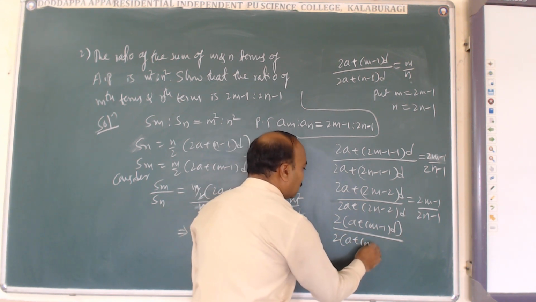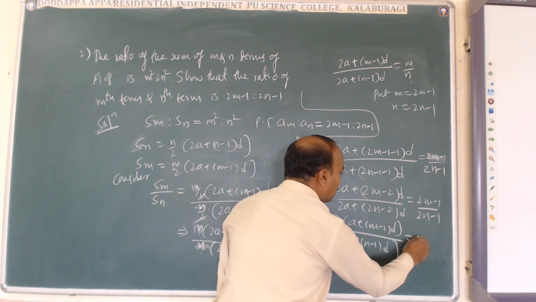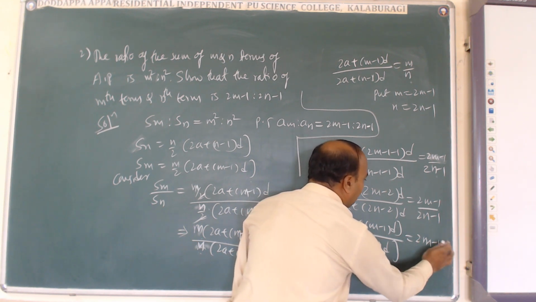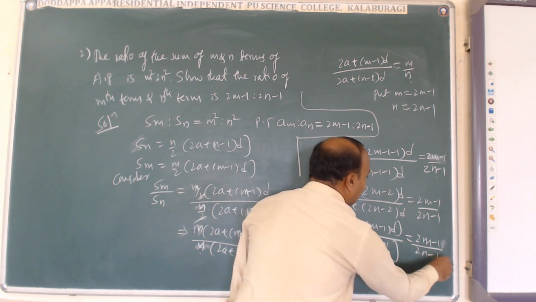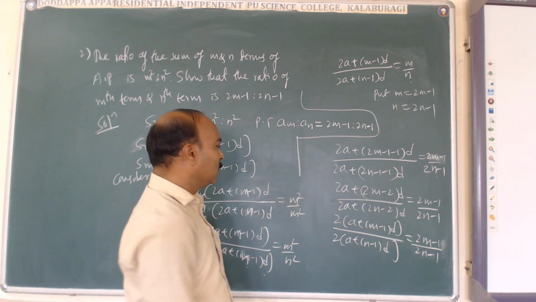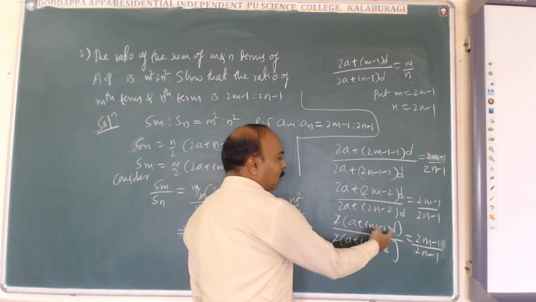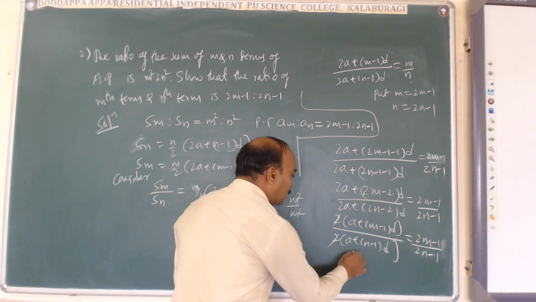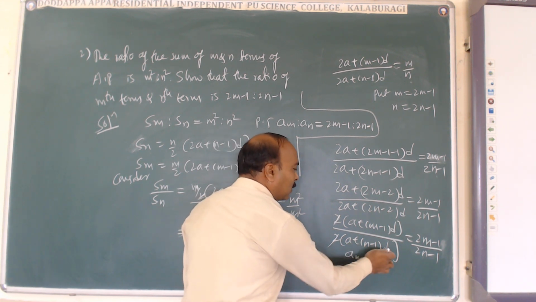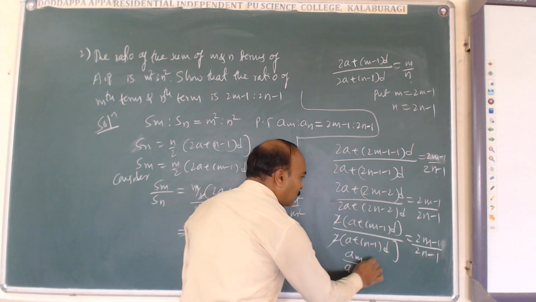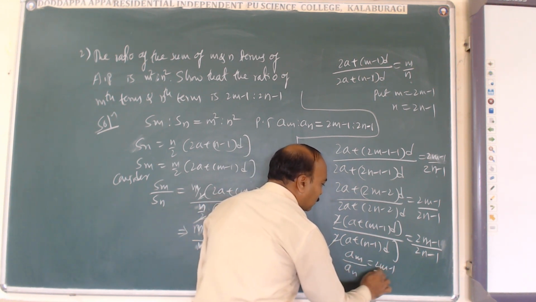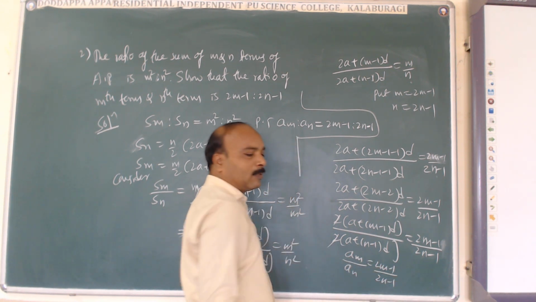a plus n minus 1 into d equal to 2m minus 1 by 2n minus 1. Now these two cancel. It is nothing but a plus m minus 1 into d, nothing but it is am. A plus m minus 1 into d, nothing but an, equal to 2m minus 1 by 2n minus 1.